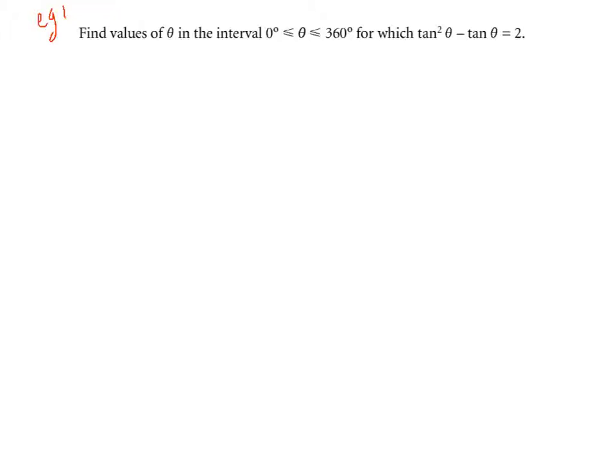So we've got tan squared theta minus tan theta equals 2, and our range is from 0 to 360. First thing to do is let's bring everything onto one side. So we've got tan squared theta minus tan theta take away 2 equals 0.